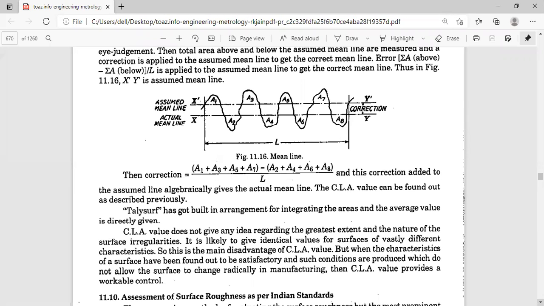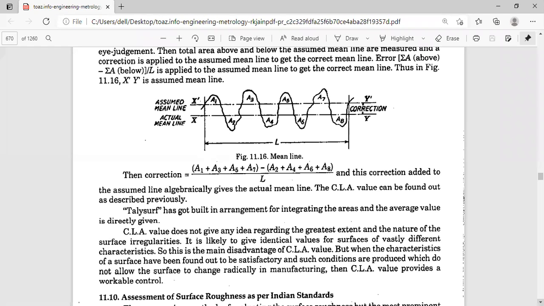Also, if there are radical changes in the production methods or manufacturing processes and you don't have control over the production method while machining, then the CLA value is not applicable.